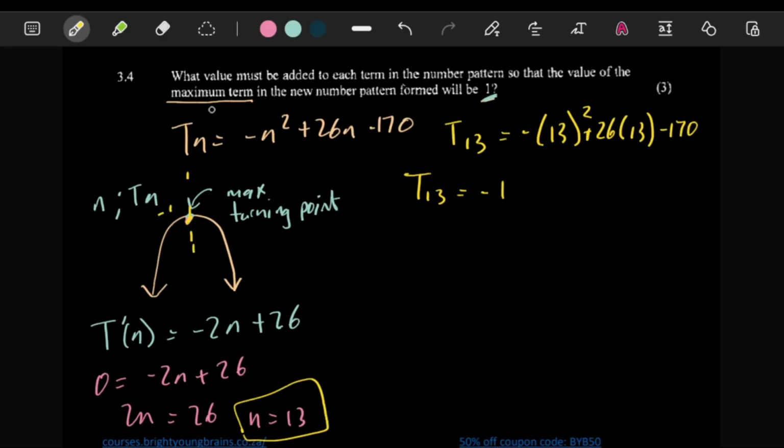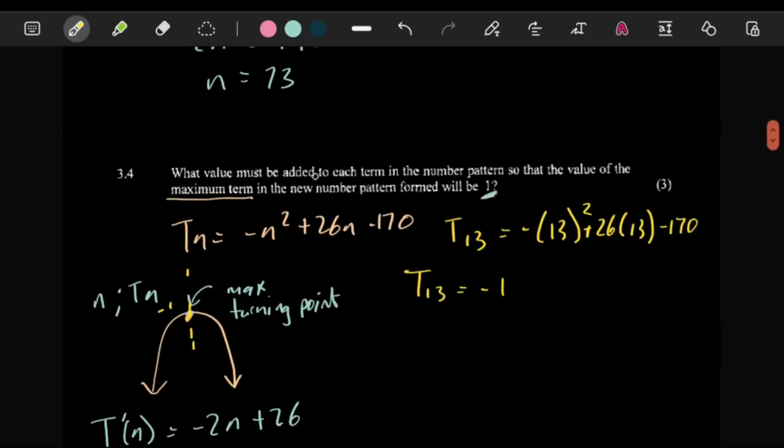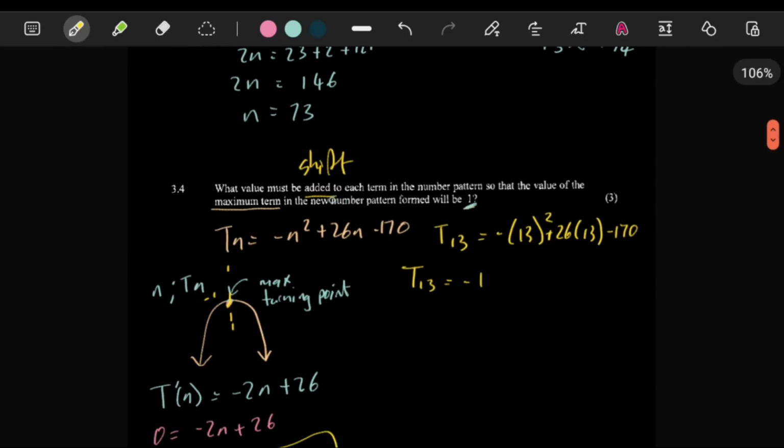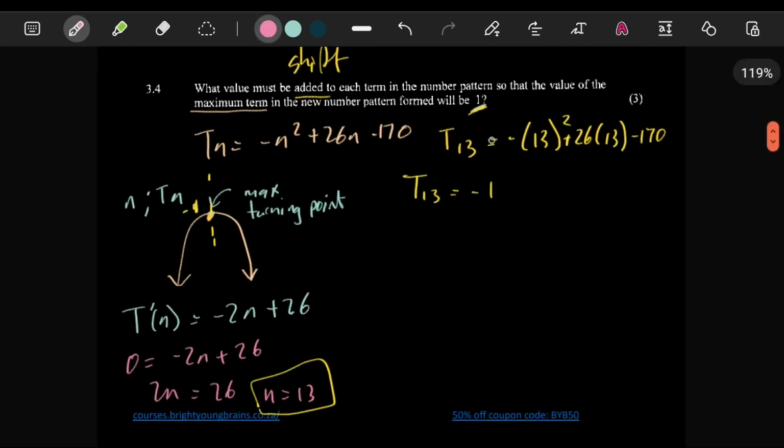So obviously, when they're asking what must be added to each term, this is basically referring to a shift. They're asking you, how must you shift this graph so that it has a maximum value of 1? If it has a maximum value of negative 1 to start off with, for it to end up with a maximum value of positive 1, the graph must be shifted 2 units up.